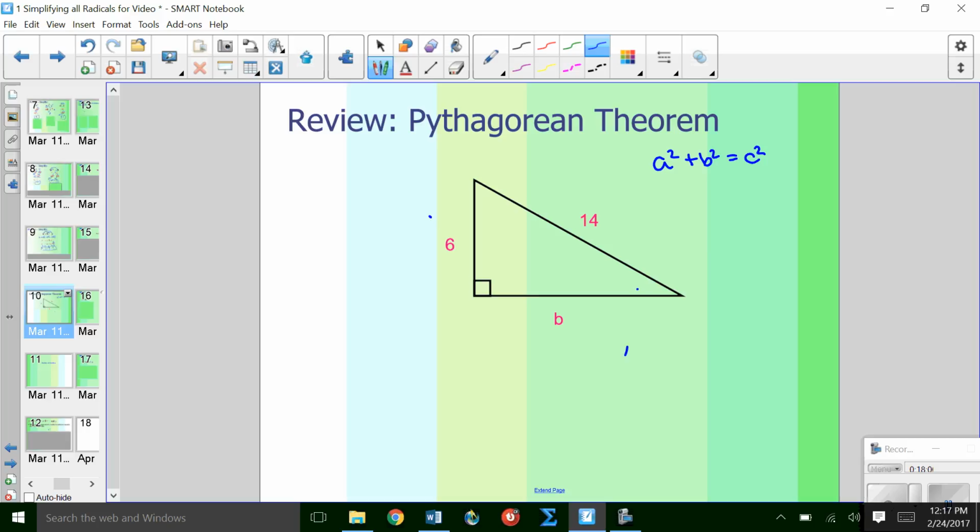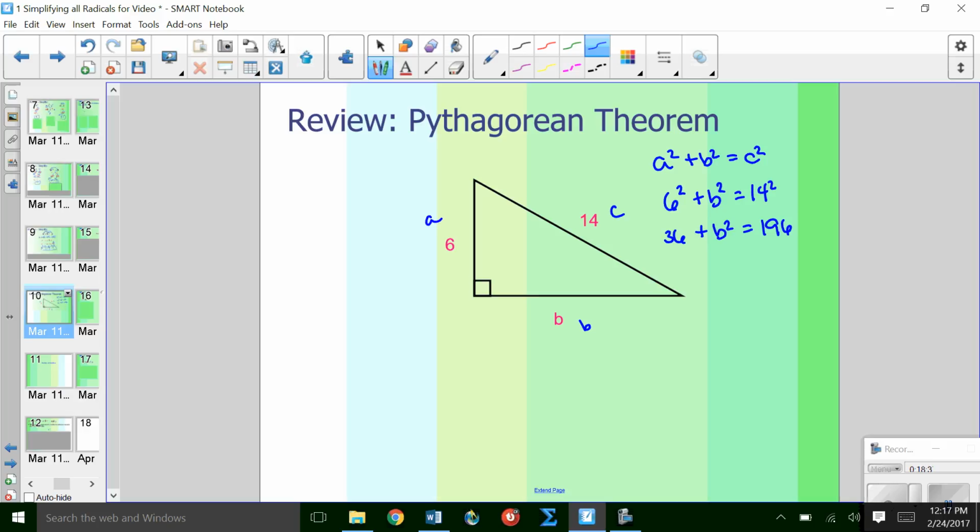So if I call this side A, this one's B, and this is C, C is our hypotenuse, then we can just fill in those pieces into our formula, where we have A as 6 squared plus B squared equals C, 14 squared. So from here, we can simplify to get 6 squared to be 36, bring down your b squared, and 14 squared to be 196.